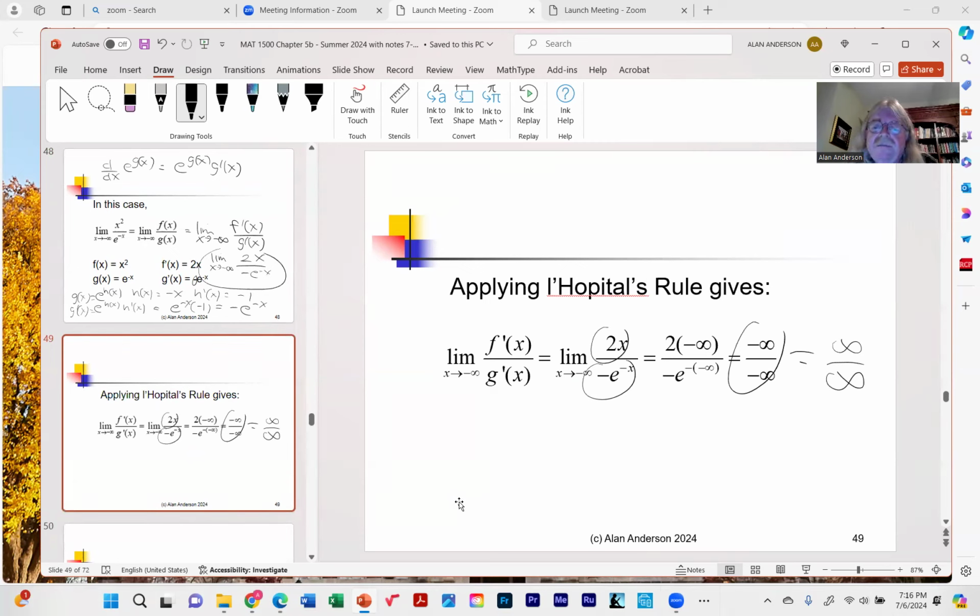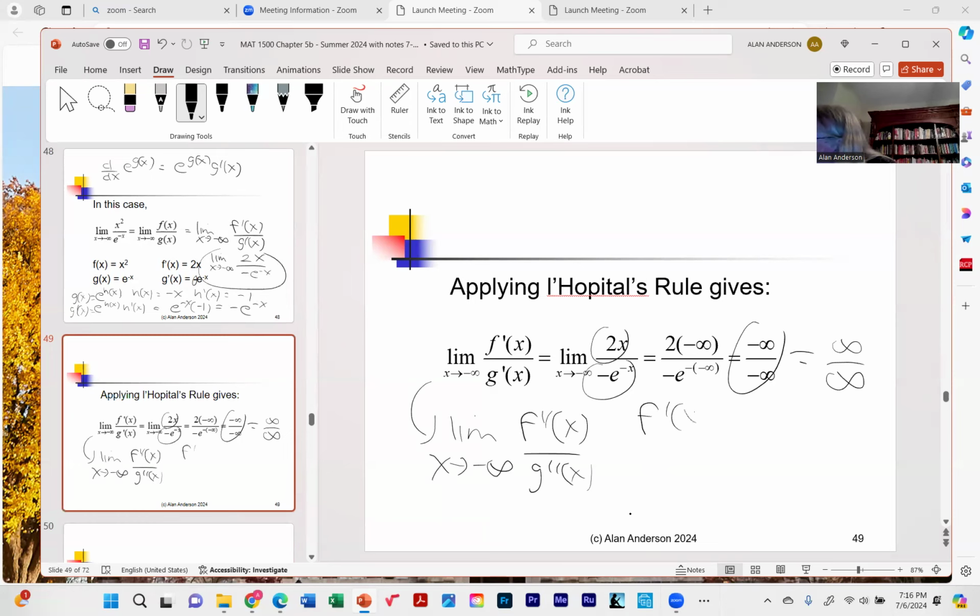We can try it again. And we can try this now. Oh, yes, we're allowed to do that. We're going to try the ratio of the second derivatives. So f, here we have 2x. Based on the power rule, f double prime of x is 2.